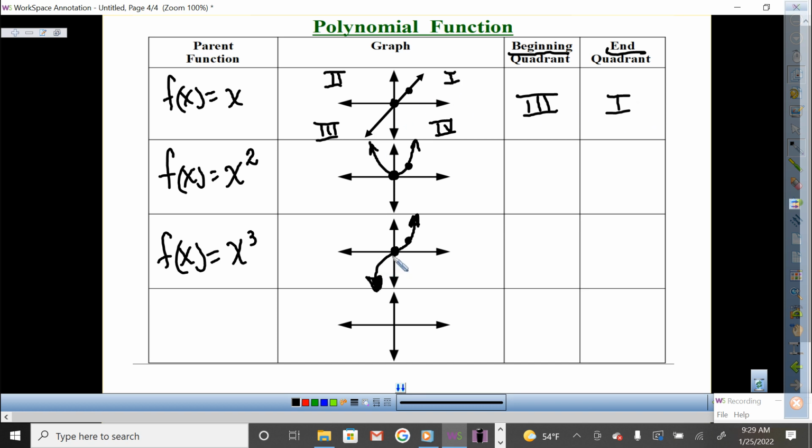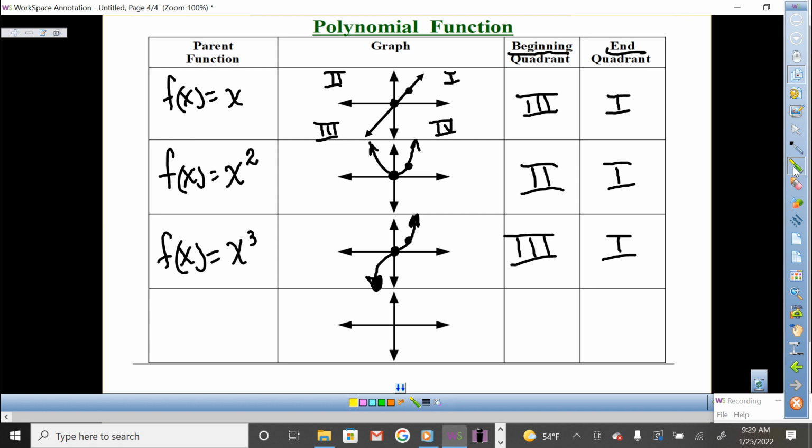The graph of this one, from left to right. Graph of this one from left to right. Pay attention, please. Thinking caps on.